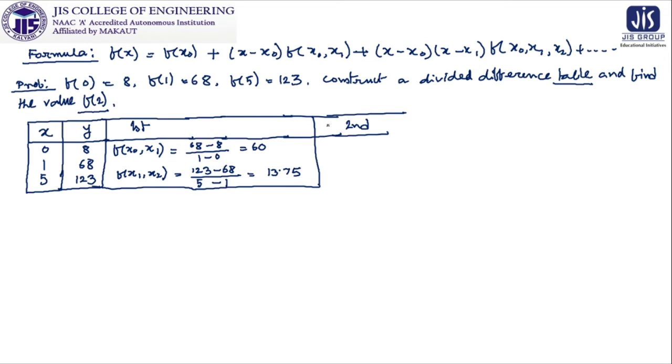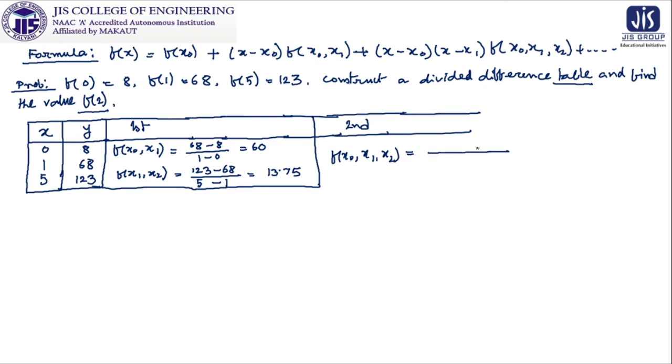And one more piece of information: there are three values. So in the first order we get 2, and in the second order we will get only 1, and obviously the table will be completed. The notation is x0, x1, x2. Accordingly, if you want to write down the expression of this one, then this 13.75 means f of x1 x2 minus f of x0 x1, by x2 minus x0.